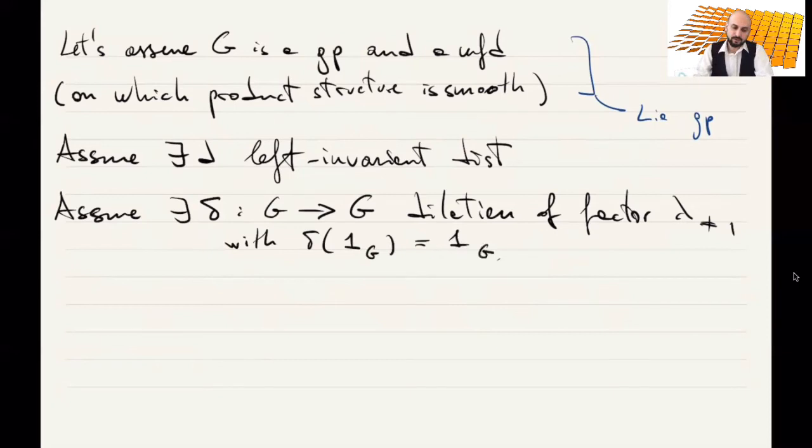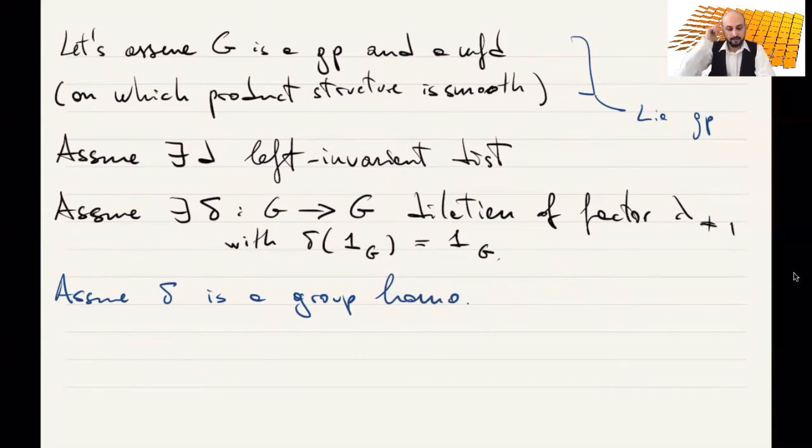Suppose we have this setting. Now I will assume something much stronger, which a priori one considers a strong assumption, but a posteriori this will always be true in Carnot groups. I'm going to assume that delta is also a group homomorphism.